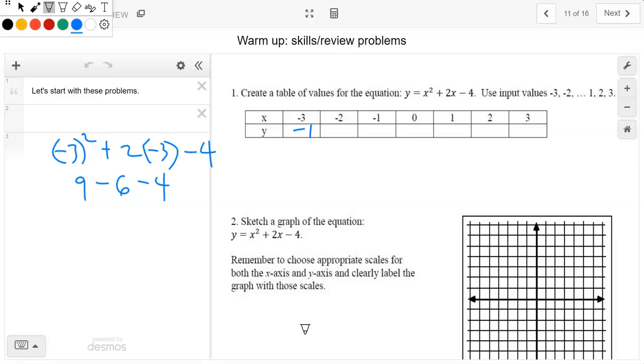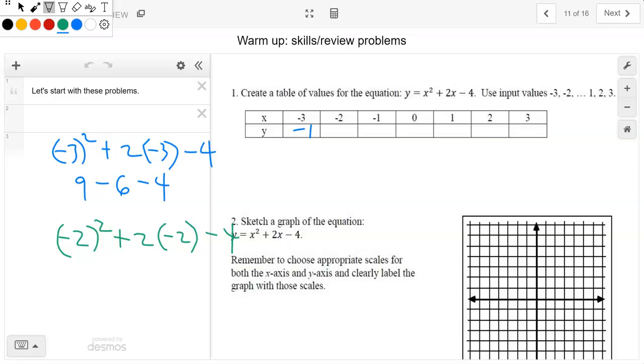Then let's do the same thing for negative 2. Negative 2 squared plus 2 times negative 2 minus 4.